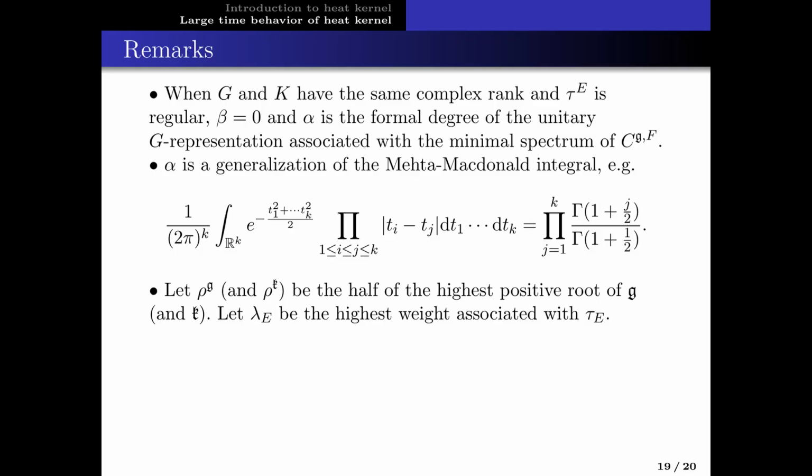But this is in the nice regular case; in the degenerate cases, where tau is not regular, this integral becomes more complicated. So it's a generalization of the classical meta-McDonald formula.